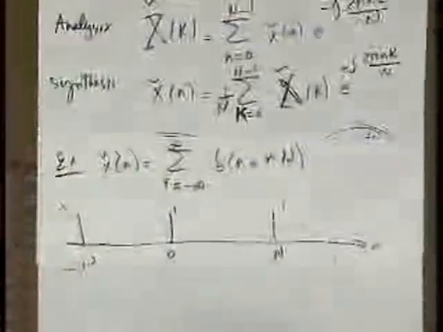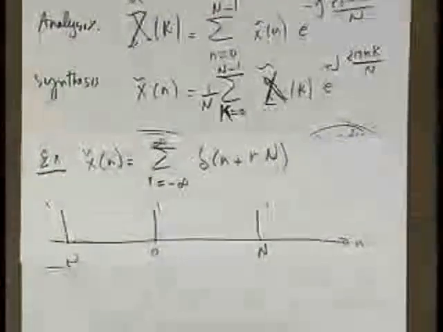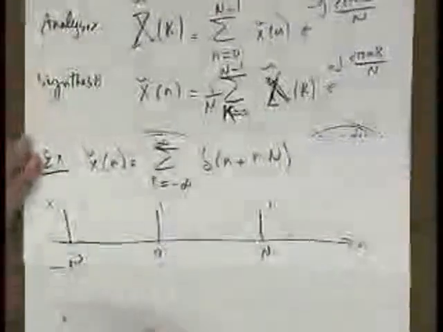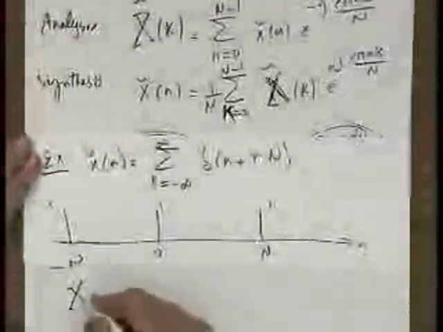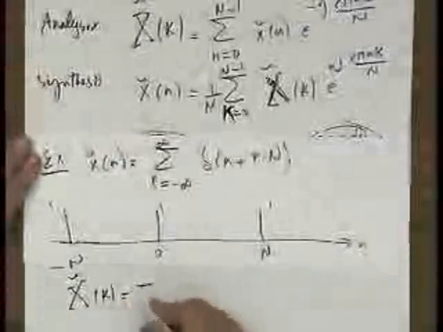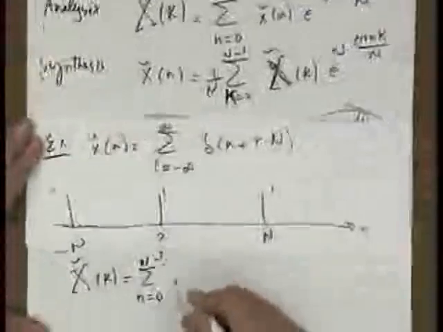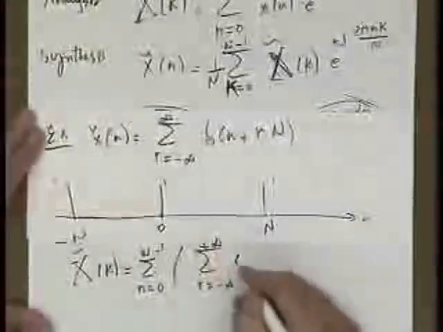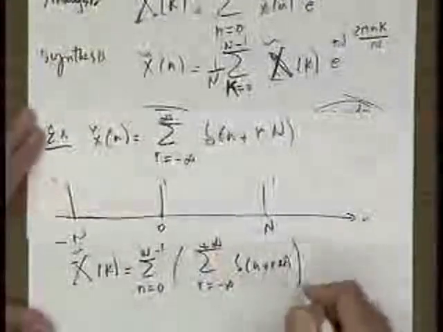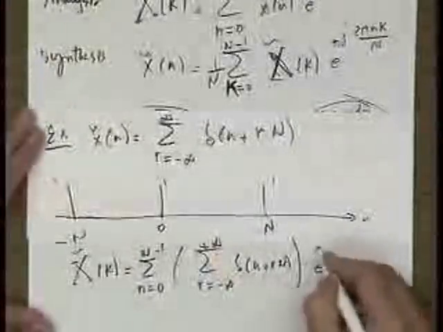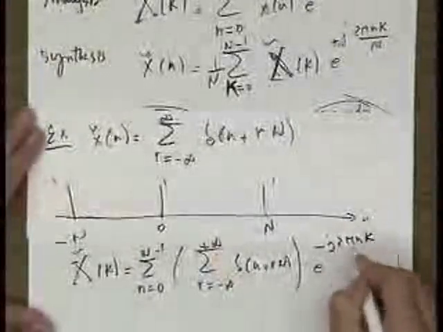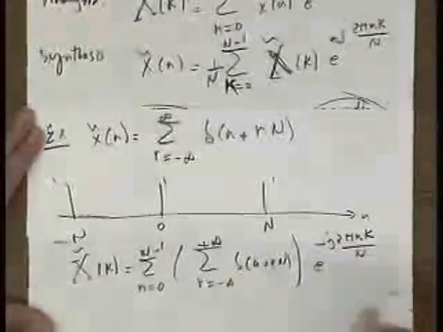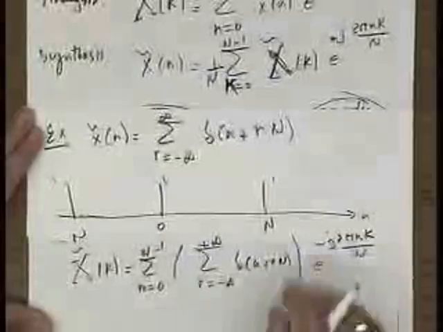And if I plug it in, what do you think is the discrete Fourier series of this thing? Well, the discrete Fourier series is x tilde of k equal to the summation from n equals 0 to N minus 1 of the sum over r from minus infinity to plus infinity of delta of n plus rN, times e to the minus j 2 pi n k over N. And what do you think the answer is by inspection?